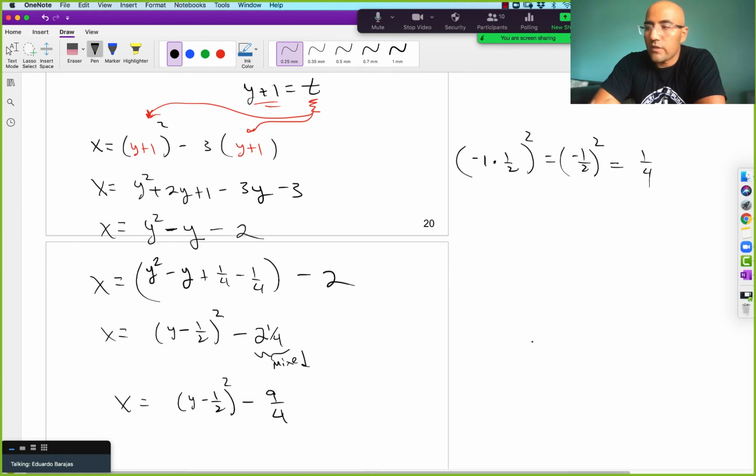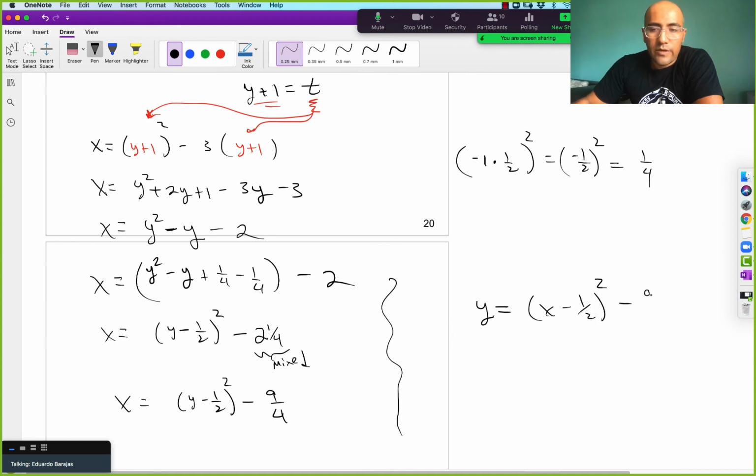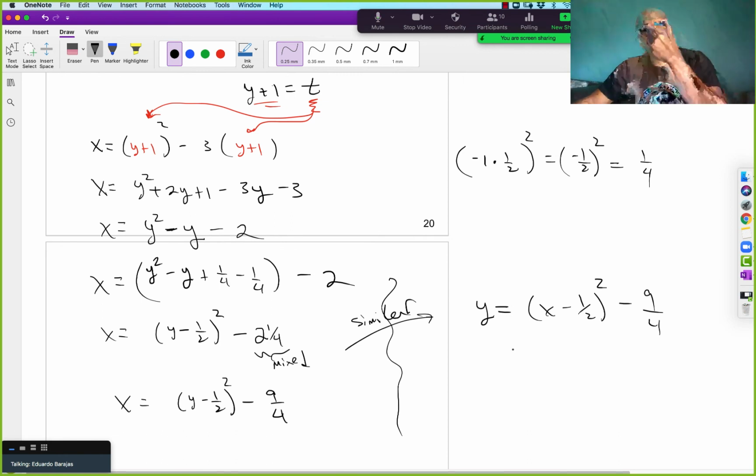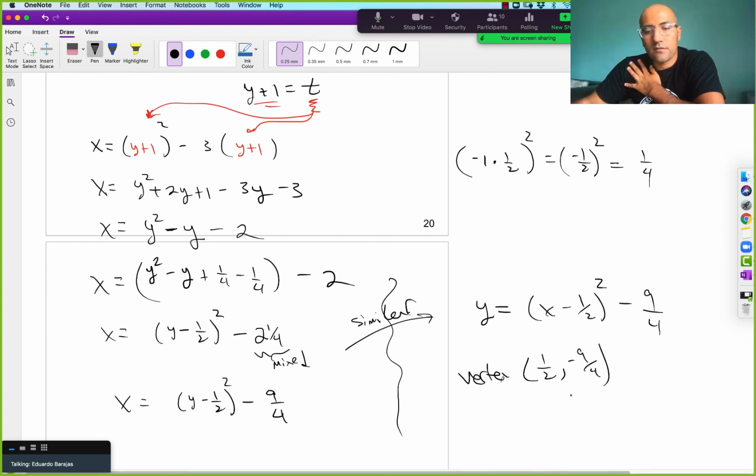Because normally, in the normal input-output relationship, we would have it the other way around: y equals x minus 1/2 squared minus 9/4. So it's kind of similar, but we're just changing the axes, right? So the vertex of this one is 1/2 comma negative 9/4. So we have to reconsider how that adjusts to this thing.